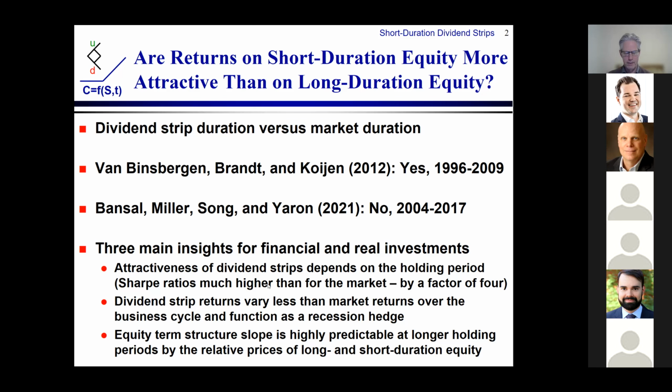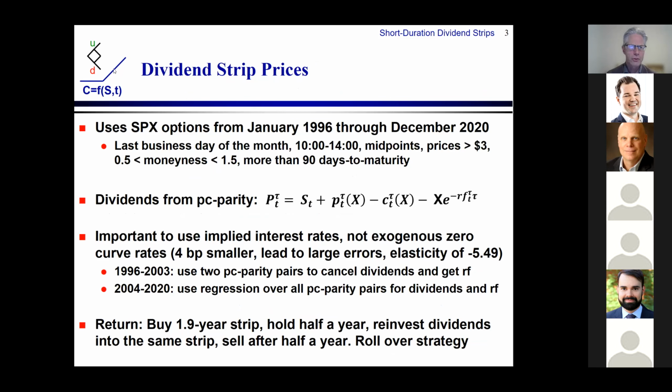Good. So at this stage, we have an outlook of what this paper is about. And now let me go into the mechanics of what we are doing here and how we actually obtain these dividend strip prices.